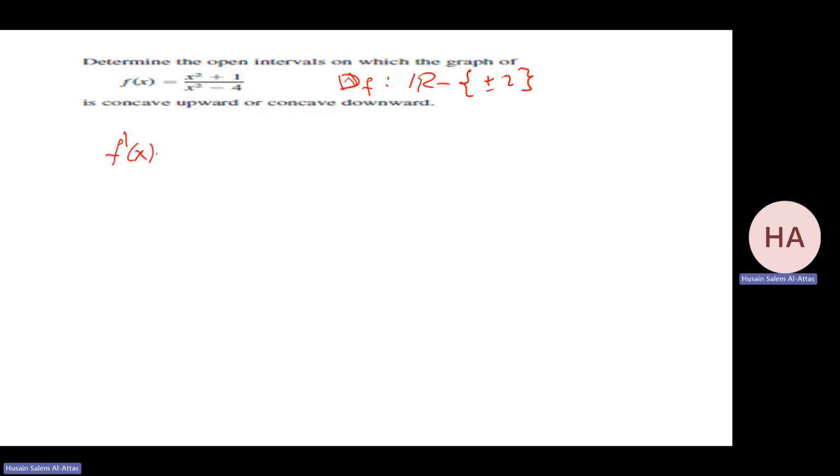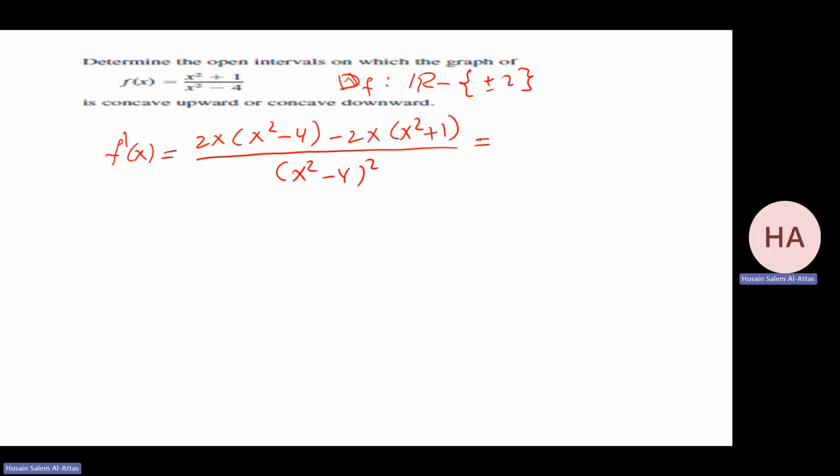We'll do f prime. f prime would be 2x times x squared minus 4, minus 2x times x squared plus 1, over x squared minus 4 squared. Okay, that gives me what? 2x cubed minus 2x cubed, plus minus 8x minus 2x. That gives me what? Minus 10x over this.